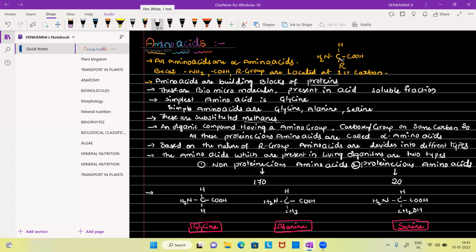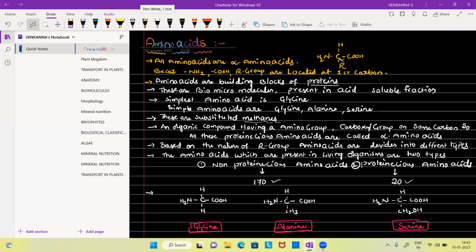The amino acids present in living organisms are of two types: non-proteinaceous and proteinaceous. The non-proteinaceous amino acids are approximately 170 and the proteinaceous amino acids are only 20. These 20 are proteinaceous, and all the remaining are non-proteinaceous.